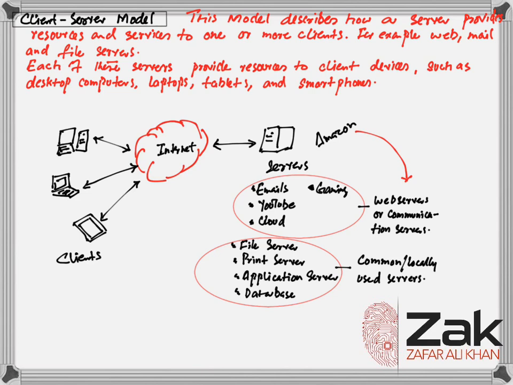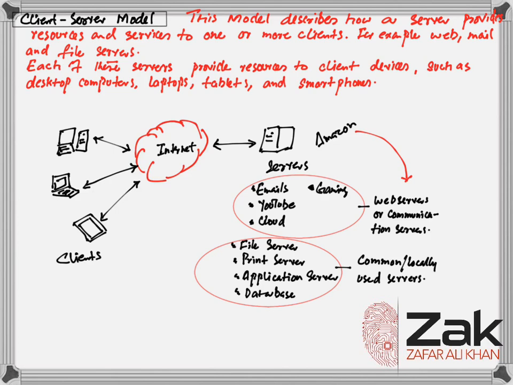Print servers keep all the print services intact in one place, and application servers liberate users from installing applications on their local desktops or laptops. Rather, these servers provide applications on the go without being installed.